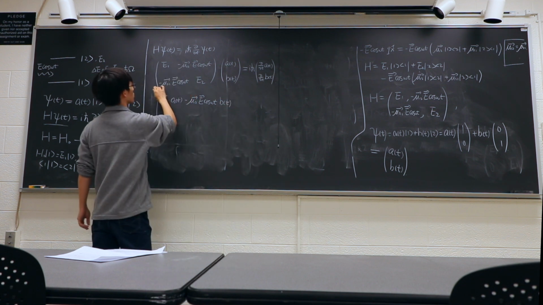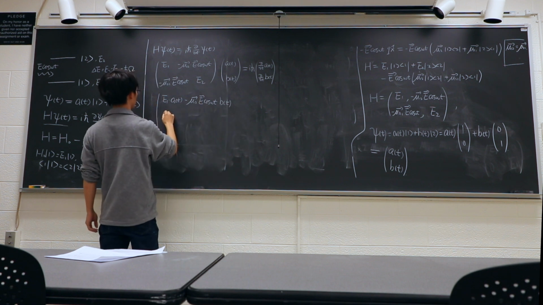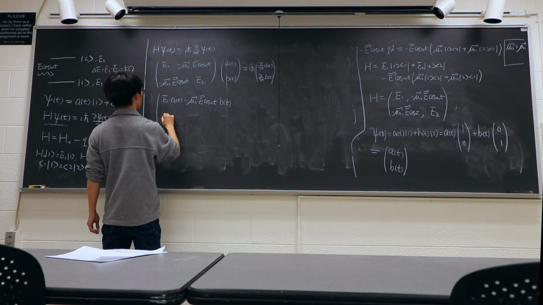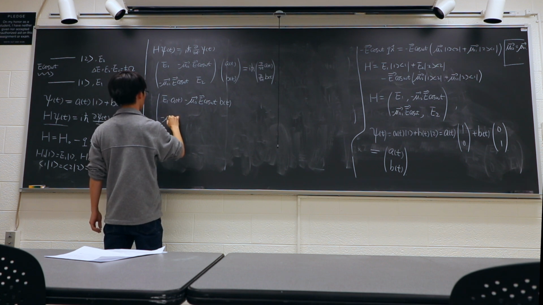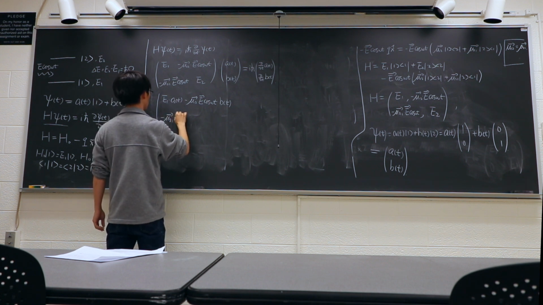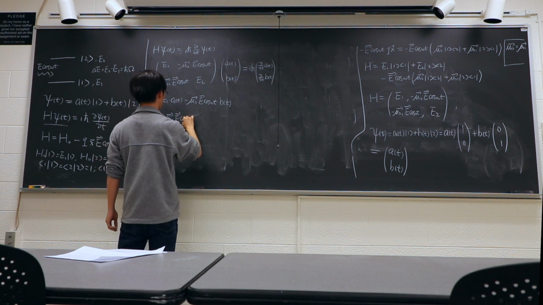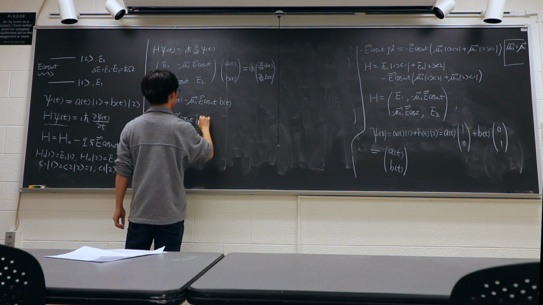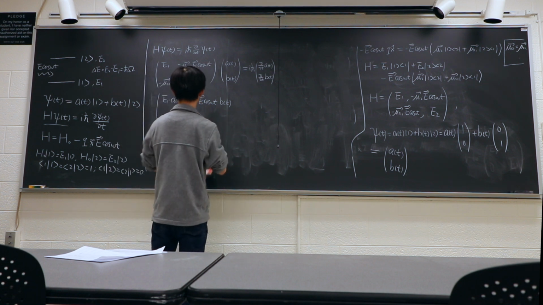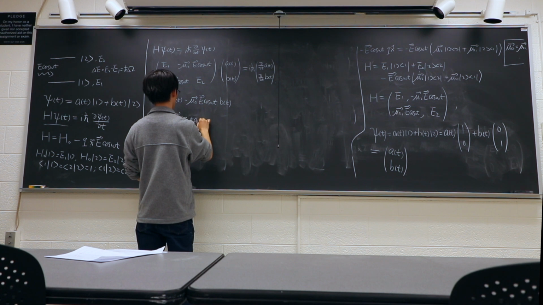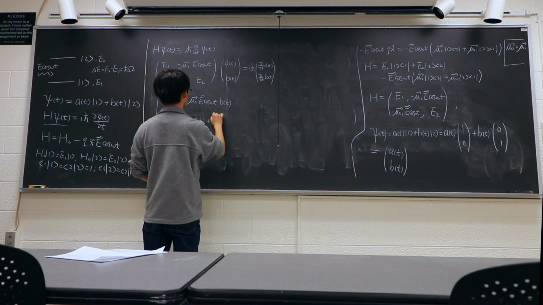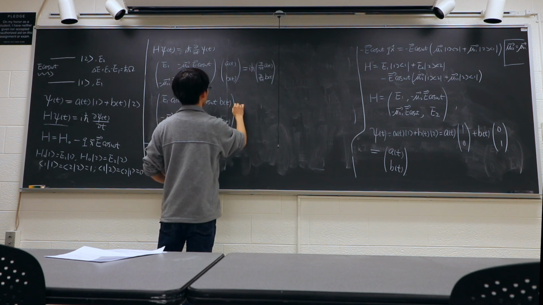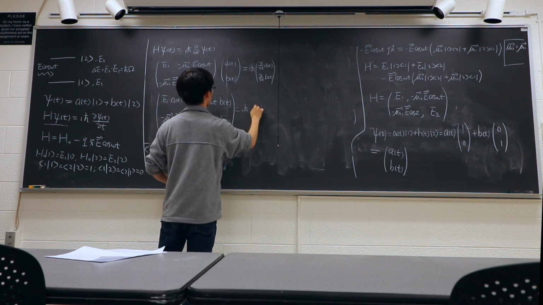The second row is minus mu 2 1 E cosine omega t, AT, plus E2 Bt, equals this.